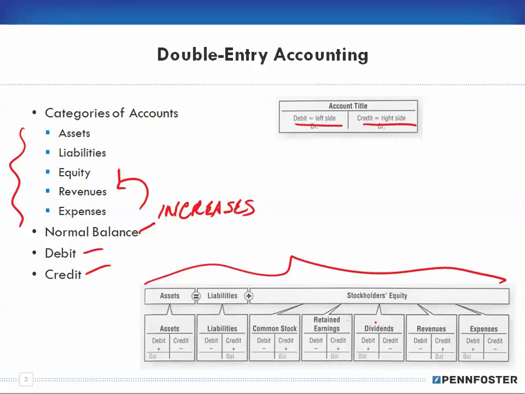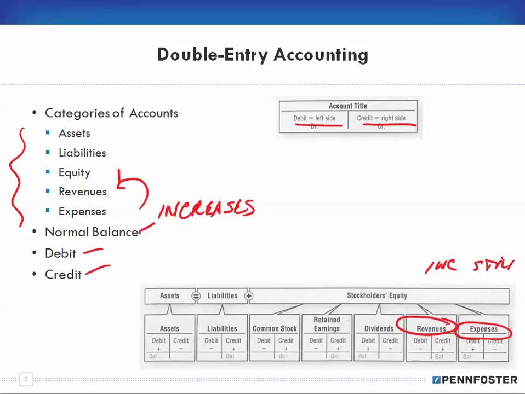And then we have what can be called the expanded accounting equation, for the simple reason that revenues and expenses are shown on the income statement, whereas assets, liabilities, and equity accounts are shown on the balance sheet.